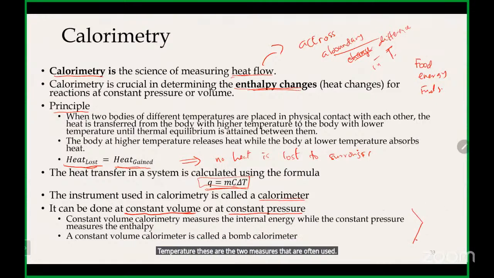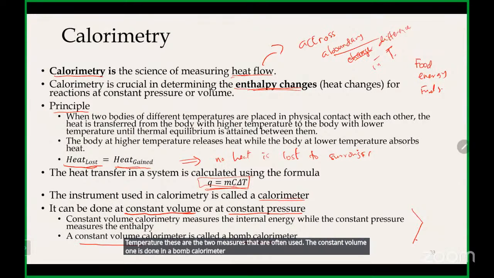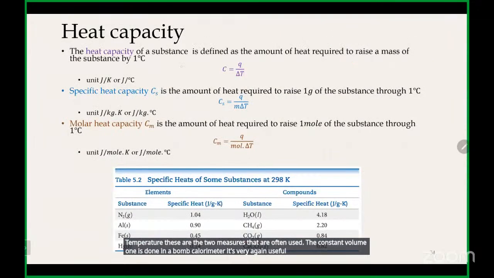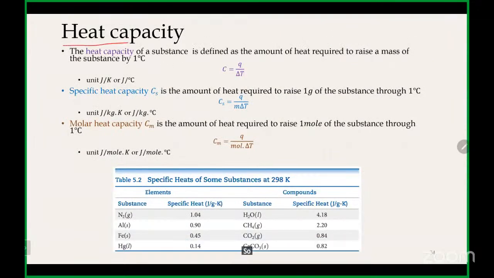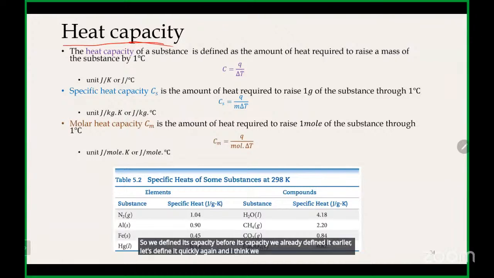The constant volume one is done in a bomb calorimeter. It's very useful in food and in fuel. So we defined heat capacity before, let's define it quickly again.